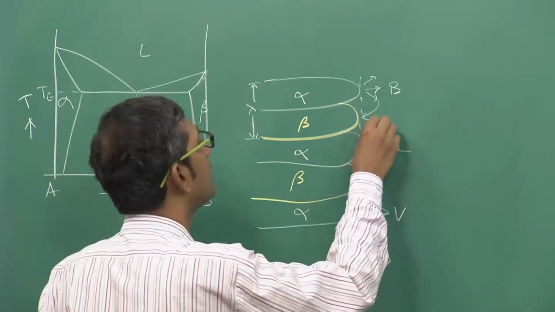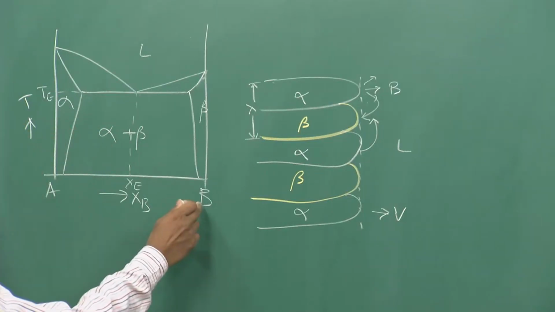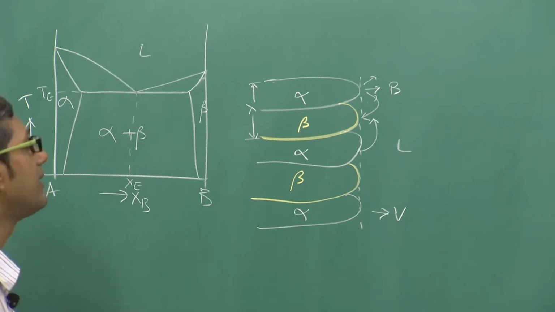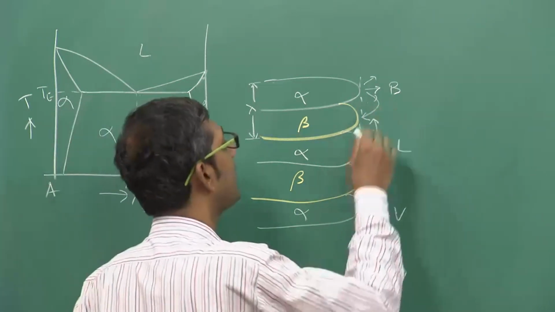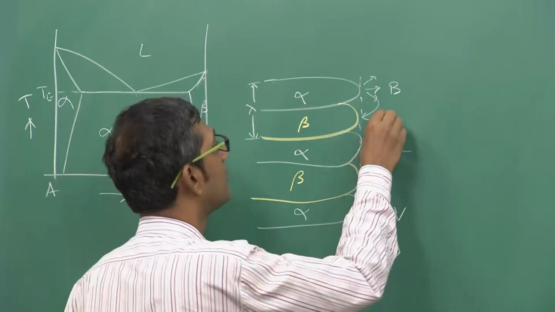Similarly, beta growth requires rejection of A. Why? Because beta is B rich. So extra A has to be rejected into the liquid, and this A can then be transported to the alpha.